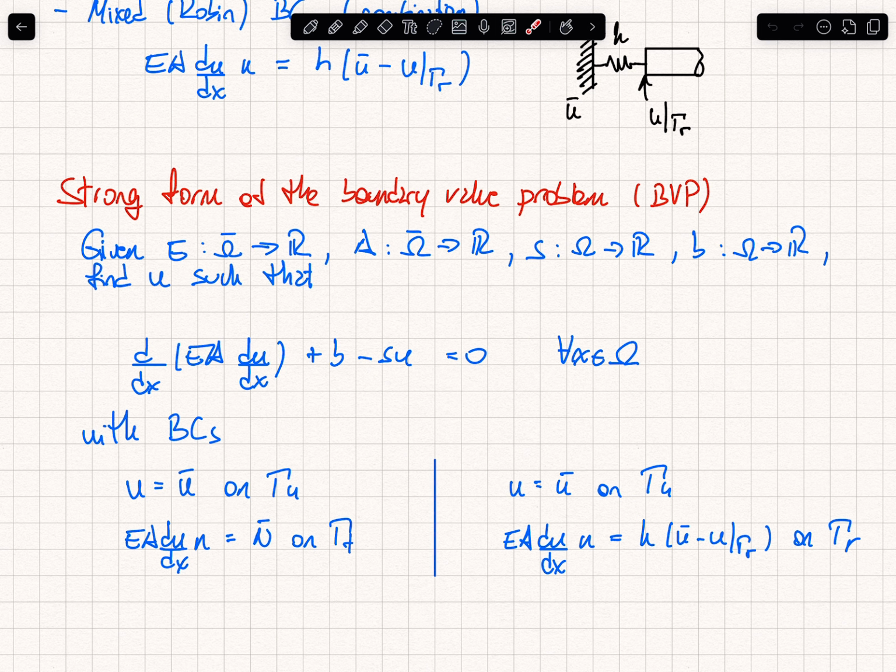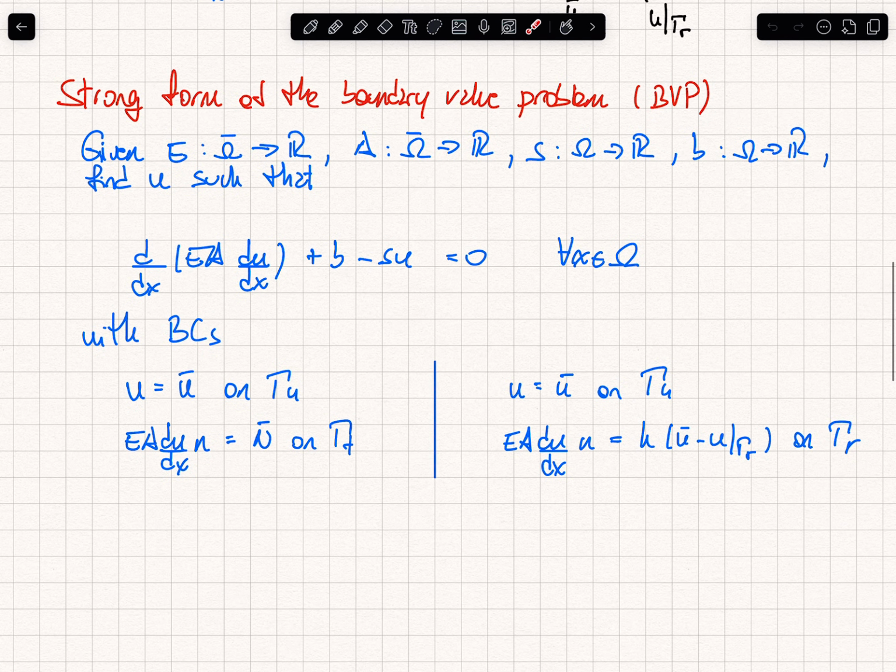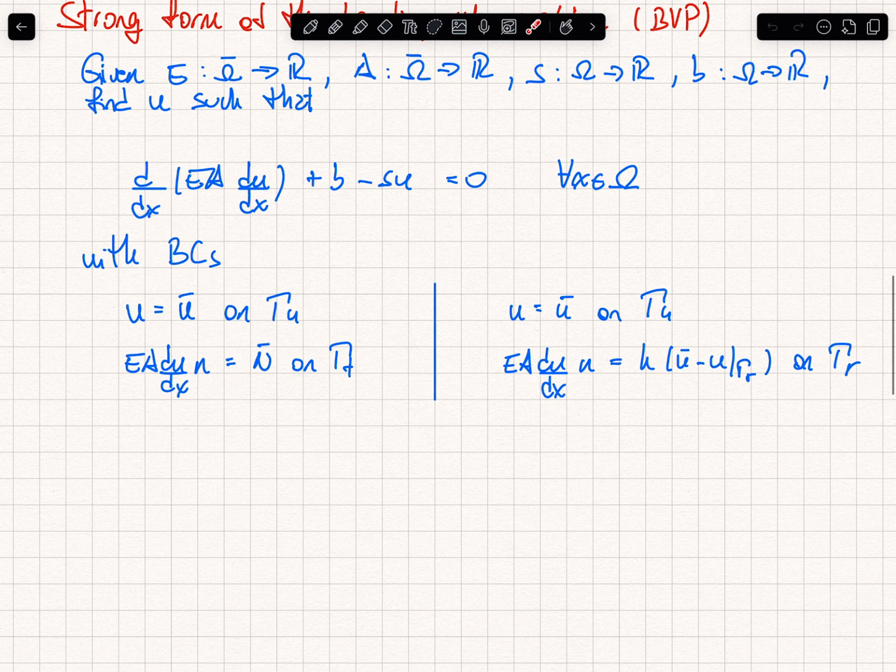So the objective is to find U, right, that has to be smooth enough so that our governing differential equation is satisfied, but it has to be satisfied at every point along the bar, right? And of course, we have boundary conditions to set up properly the boundary value problem. And so since we have 2 ends of the bar, remember that we had to impose these boundary conditions in pairs.